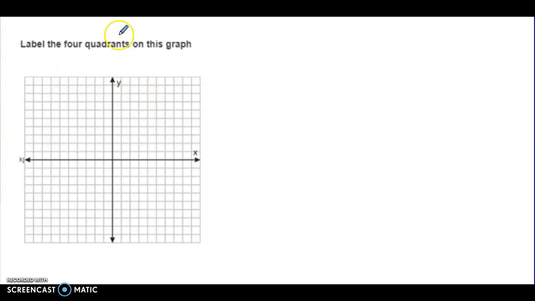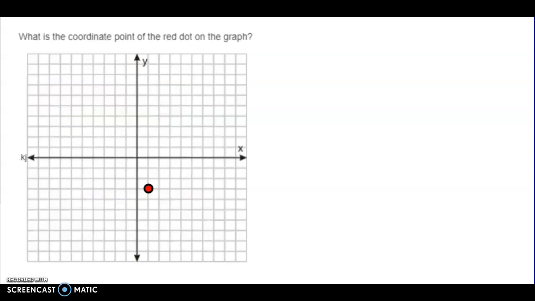For this one, label the four quadrants on this graph. Over here, where both x and y are positive, that's quadrant 1. And then we go counterclockwise. So next we have 2, 3, and 4. What is the coordinate point of the red dot on the graph?